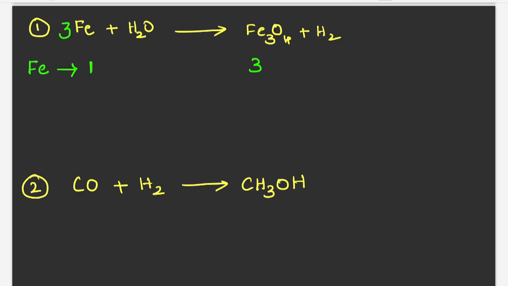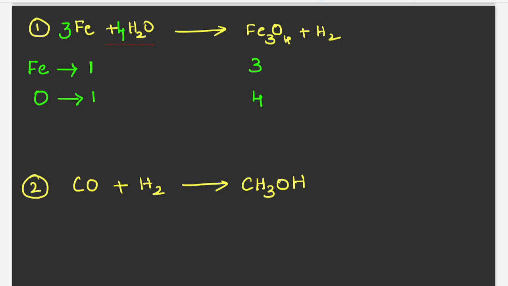You have only 1 on the LHS and 4 on the RHS. Therefore, I will have to write 4 here. If I write 4, this 4 belongs to hydrogen as well as to oxygen. So 4 oxygen and 4 oxygen. So oxygen is also balanced.